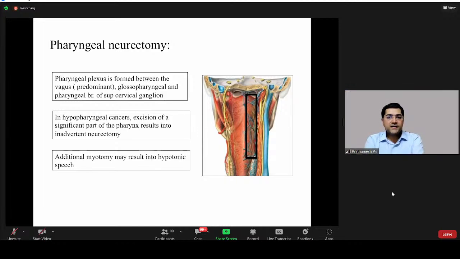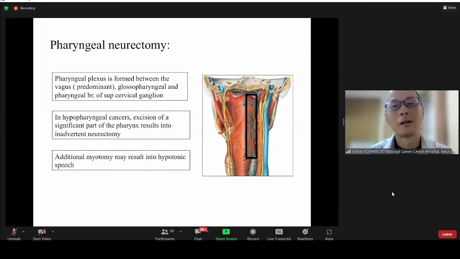Dr. Yoshimoto, any comments? I think we always cut the cricopharyngeal muscle, myotomy, for protecting from too much pressure to the pharynx.